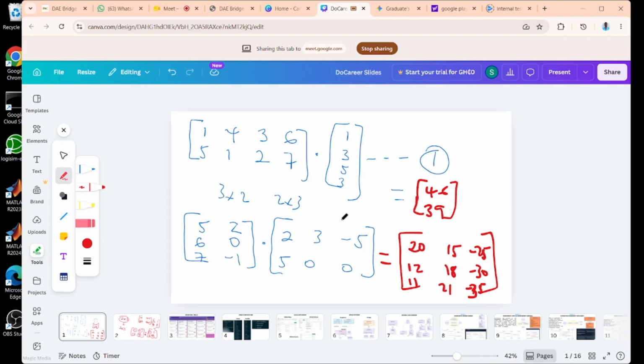I also got 20, 15, negative 25, 12, 18, negative 30. But I got negative 9, 21, negative 35. So I don't know where the negative 9 is from. 40 minus 5 is what? It's 9, not 11. Yeah, right. So I was just confused about that.